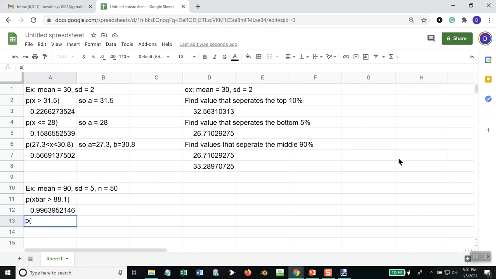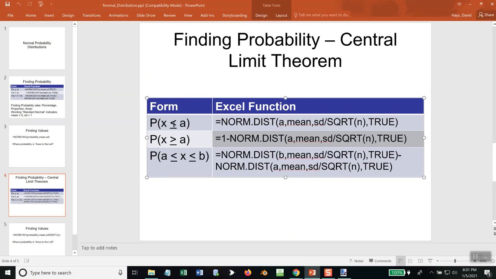Let's say I'm trying to find a probability that x bar is less than or equal to 90.1. So A would equal 90.1. Even though I said it, let me write it up here. A was 88, or 88.1. So less than or equal to, this formula. So we're going to do our first one here.